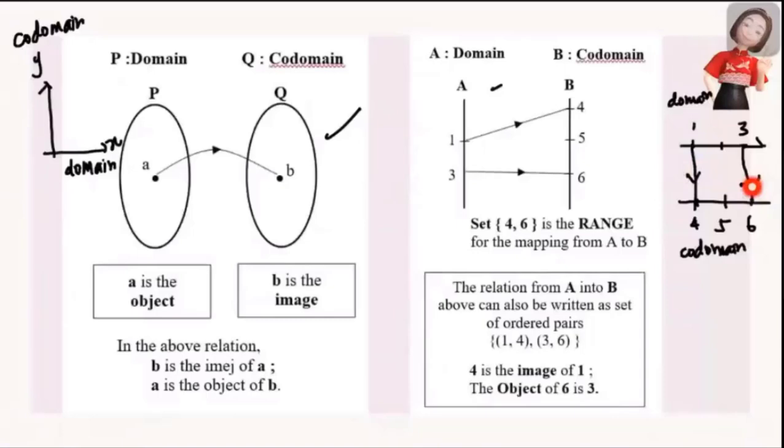So the set 4, 6 is the range. Can you see the 4 and the 6? Why is the 5 not in? Because for the range there must be an object and an image.